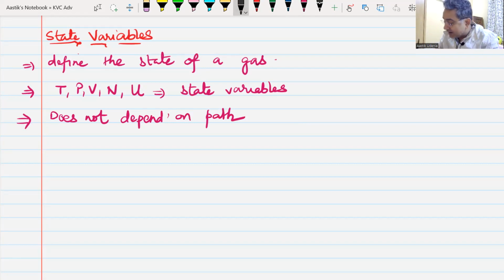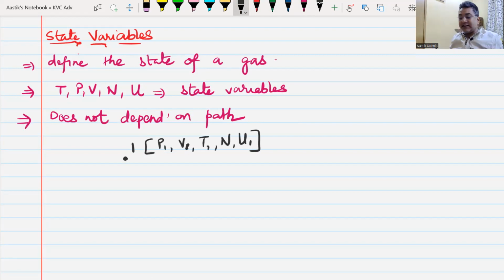If I have a gas at state 1 where the pressure is P1, volume is V1, temperature is T1, number of moles is N, and energy is U1. Why have I written number of moles as N? Because whenever we do any process on a gas, the number of moles will not change. The gas will not go out or come in.